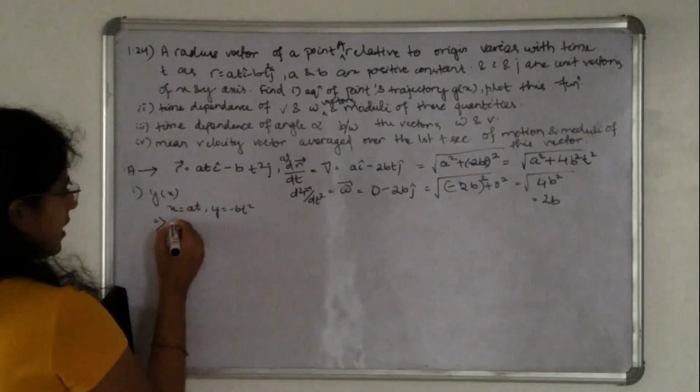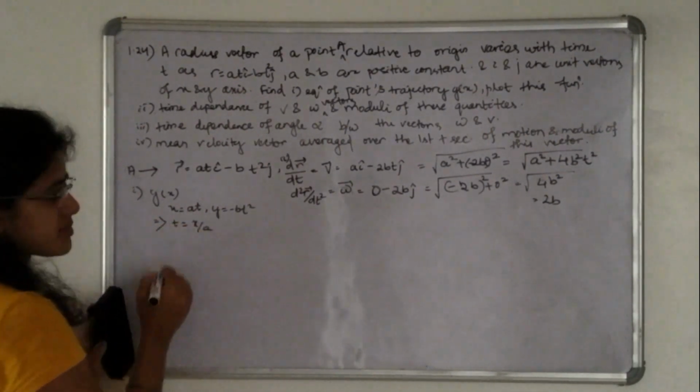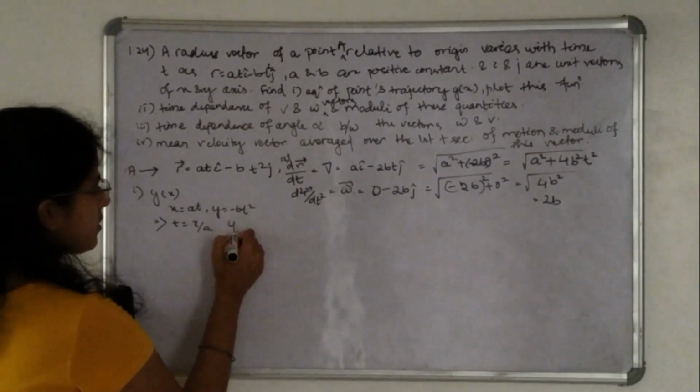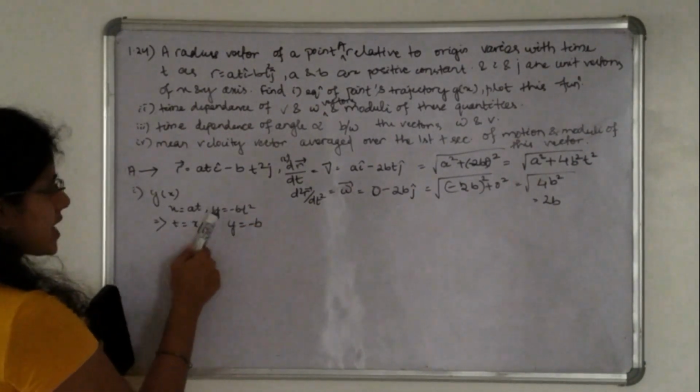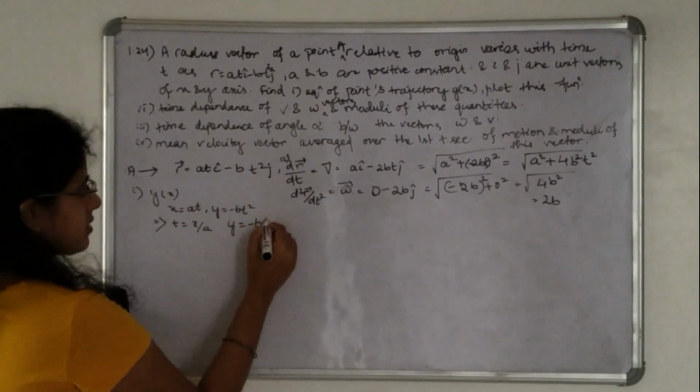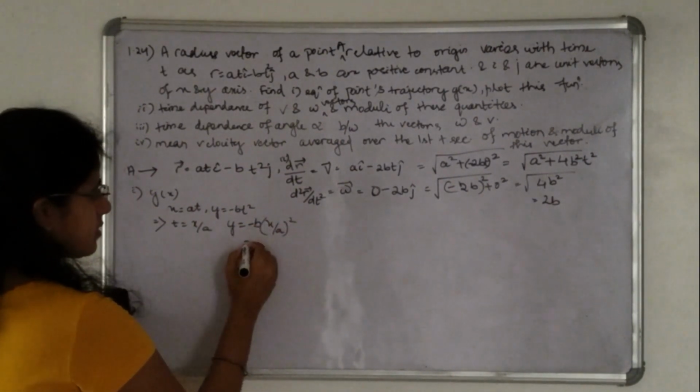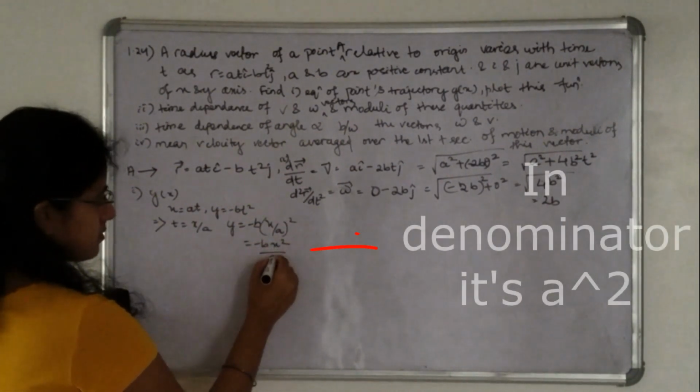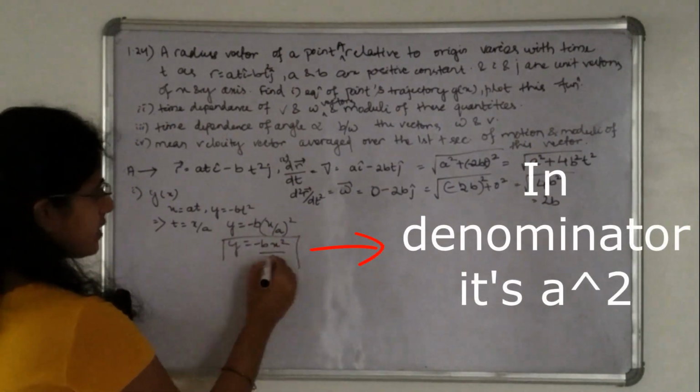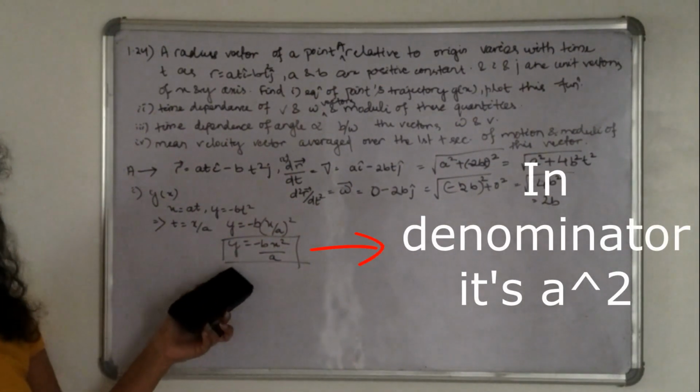So t is how much? x by a. If we put this x by a in this place, we can get the equation of the trajectory.